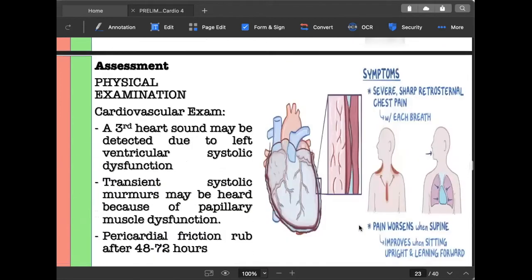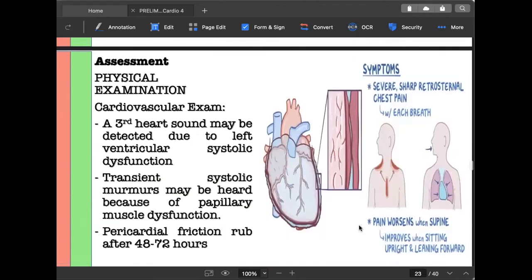Now, other thing here, you have your cardiovascular exam. As you can see here, we have what we call the pericardial friction rub. Okay, this is after 48 to 72 hours. It can actually develop after your MI. It actually resembles the sound of leather. If you have heard the squeaky sound of leather, it's like that.